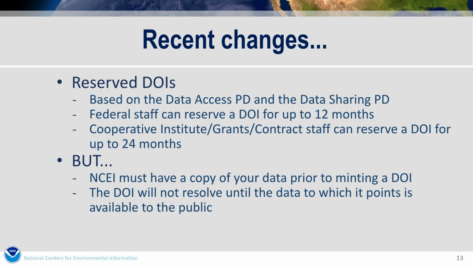But we still need to have your data in hand at NCEI, and then we'll create the DOI. And we won't release the DOI to be publicly discoverable until the data are ready to be publicly discoverable. So the DOI is there for putting into a publication or into the data files themselves. Sometimes people have done that as well.